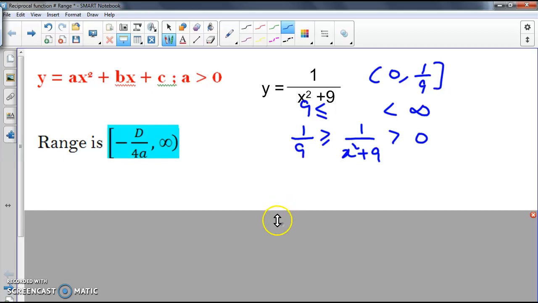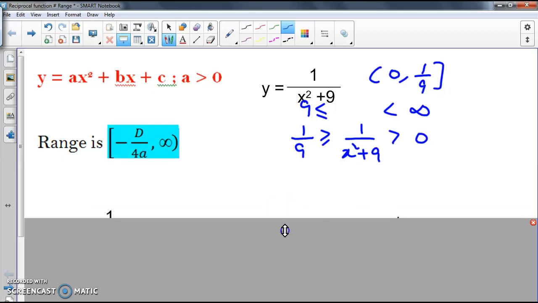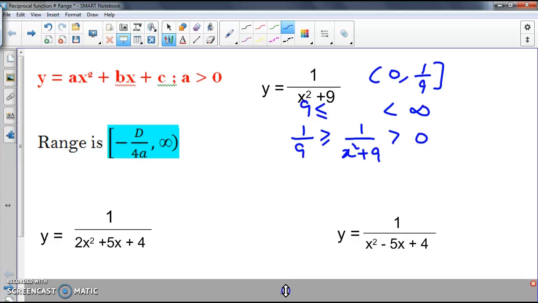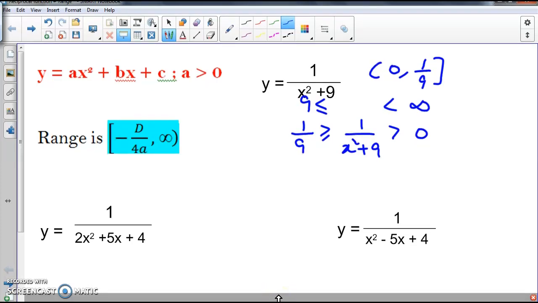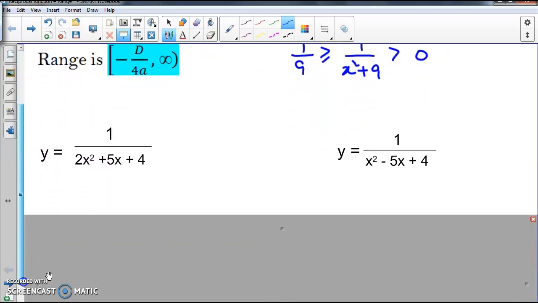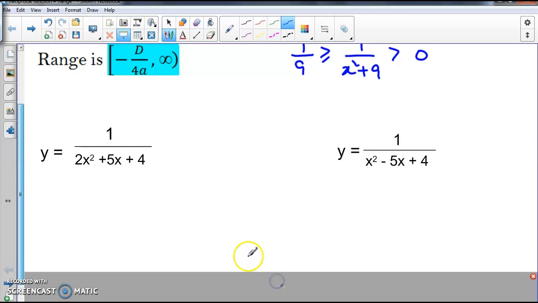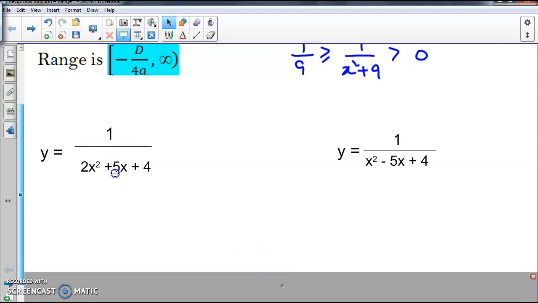Next example, let us use the fact that the range of ax square plus bx plus c when a is greater than 0 is minus D by 4a to infinity, that we have discussed in the previous videos. We are going to find the range of this function y is equal to 1 upon 2x square plus 5x plus 4. Coefficient of x square in this case is 2, which is positive.